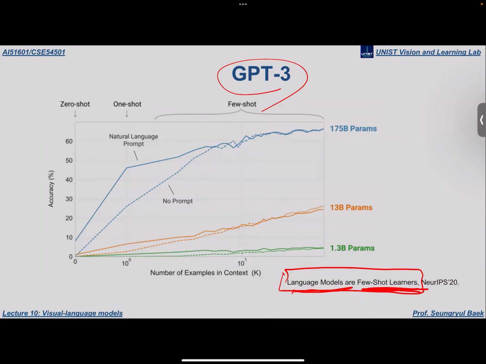By doing the pre-training on large-scale unlabeled data, they are saying that this large-scale architecture becomes a good few-shot learner. Given very few images as the training data, they can learn that task very fast. That's the few-shot learners. Okay.